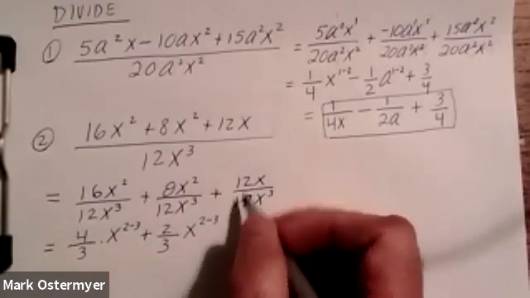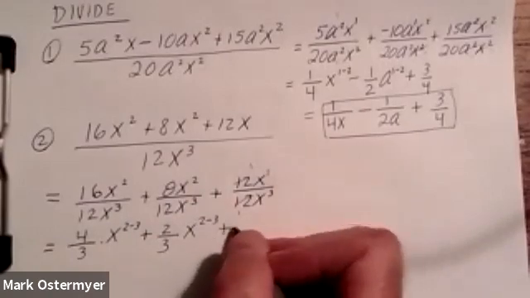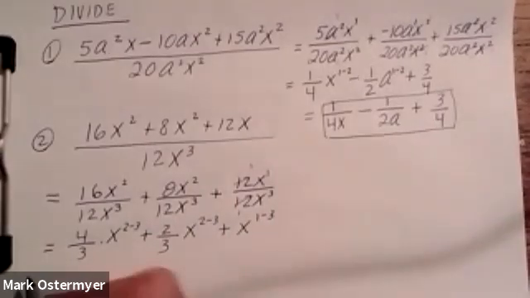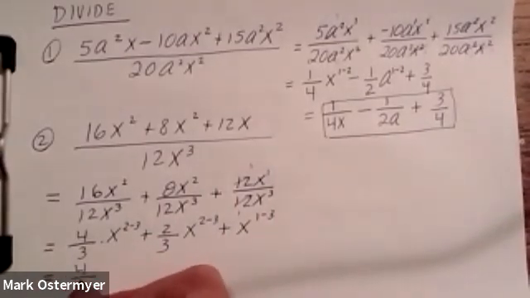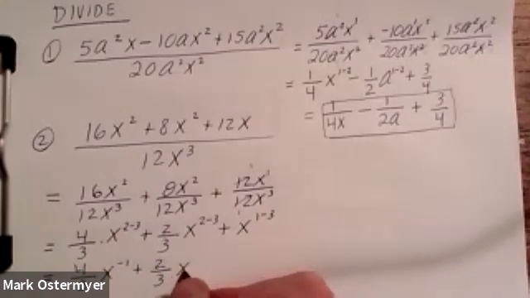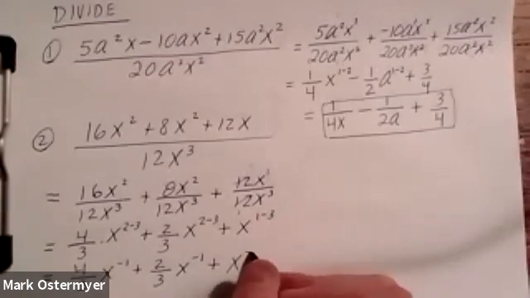12s reduce out to 1s, and x to the 1st divided by x to the 3rd power is x to the 1 minus 3 power. So what we're left with here is 4/3 times x to the negative 1 power plus 2/3 times x to the negative 1 power plus x to the negative 2 power.